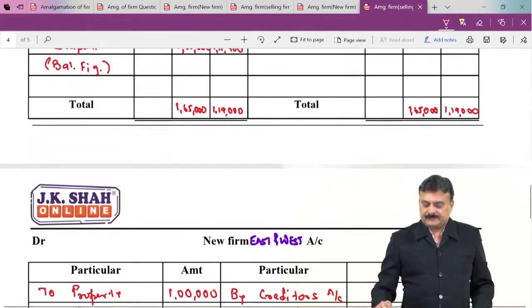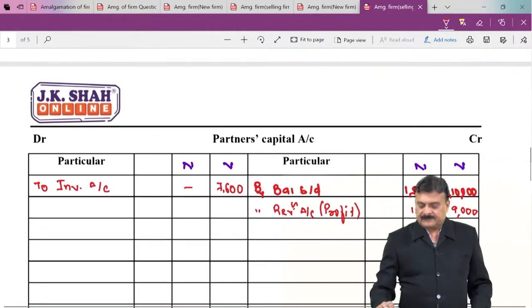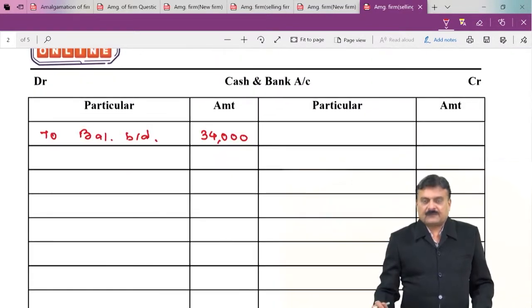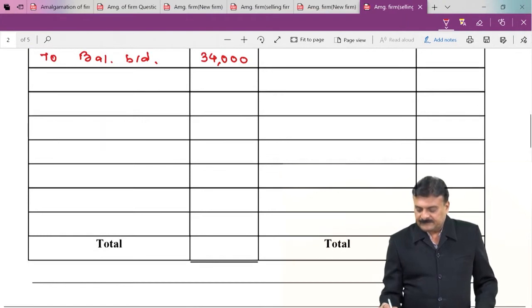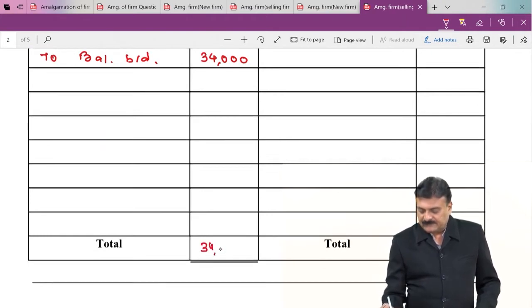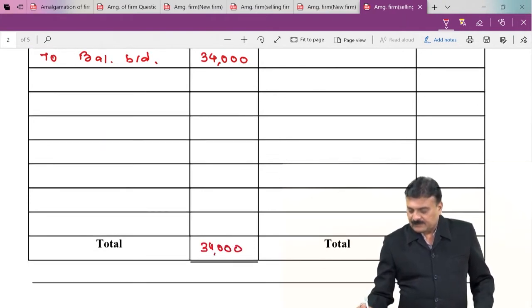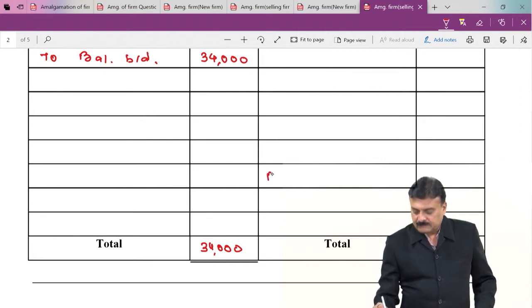One more, cash and bank 34,000. No adjustments in cash and bank. So this cash and bank also is taken over by the new firm. So 34,000 by, what is the new firm's name?